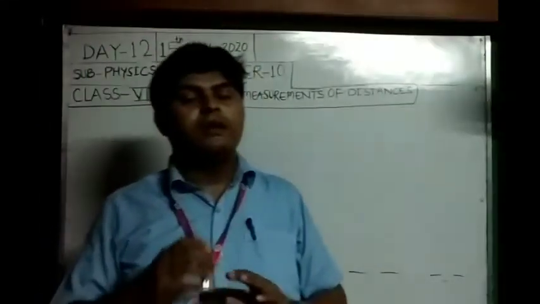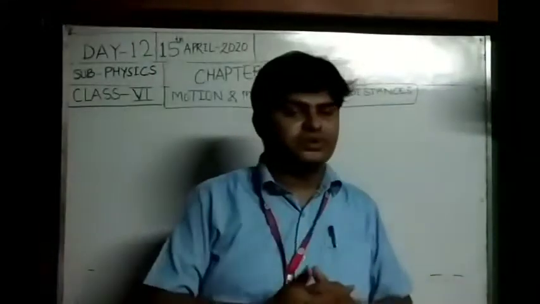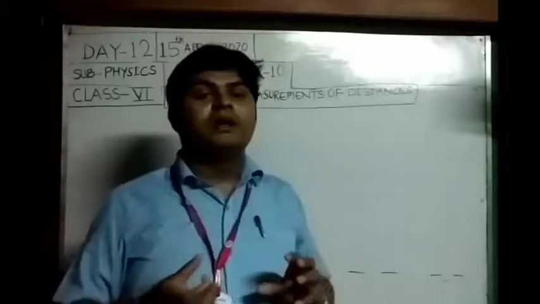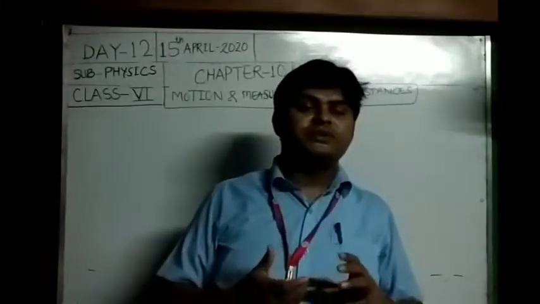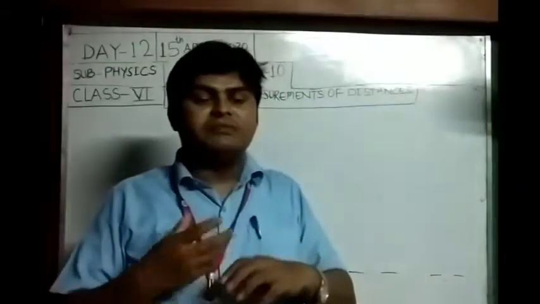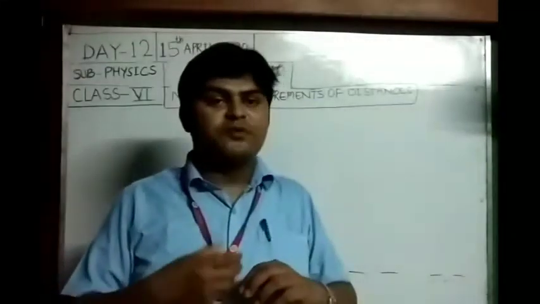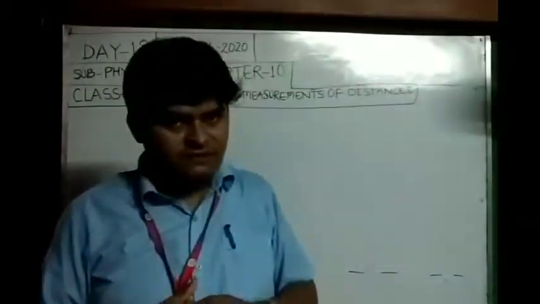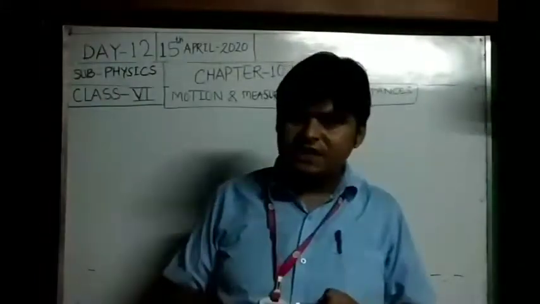Now fourth is periodic motion. Periodic motion is a type of repetitive motion. Repetitive motion is the motion in which an object moves and repeats the movement. There are two types of repetitive motion. First one is periodic and second one is non-periodic.